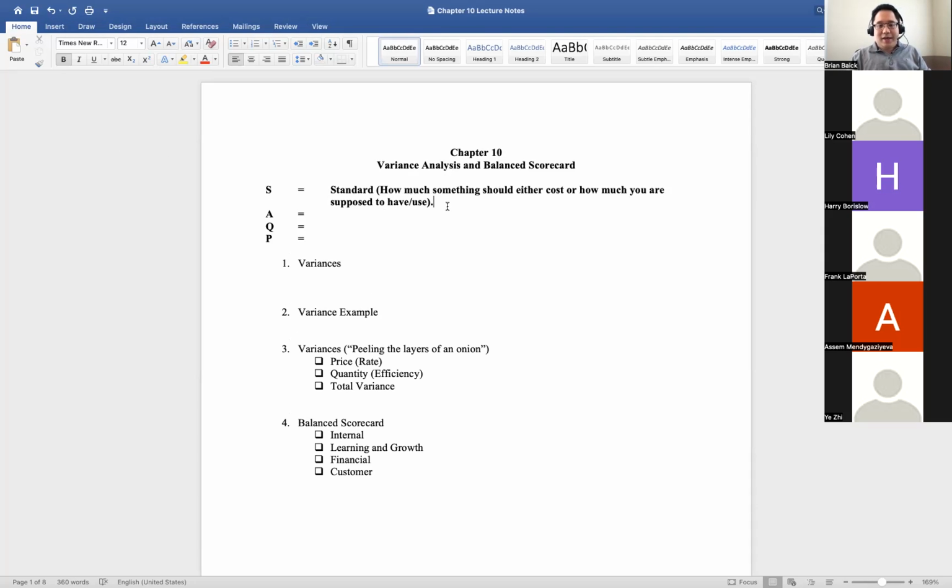Let's talk about standard. What is the standard cost for, let's see, how about Chipotle? If you eat Chipotle in DC, how much is the standard cost? Anybody have any idea? Maybe $8. Okay, so that could be the standard.